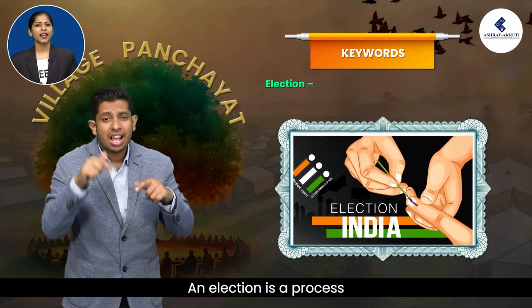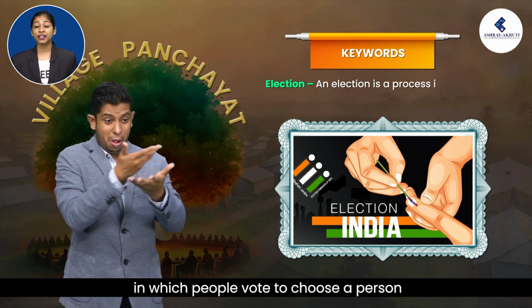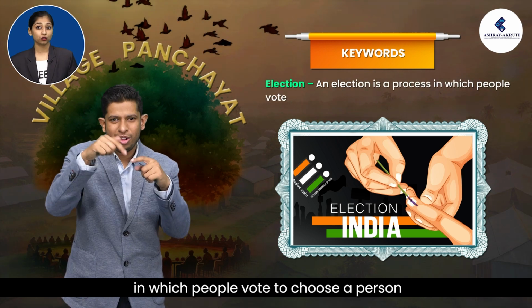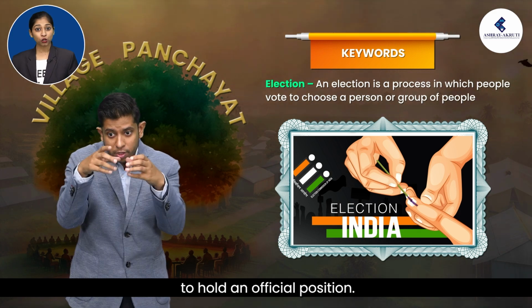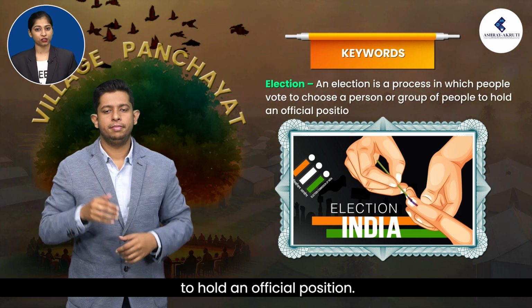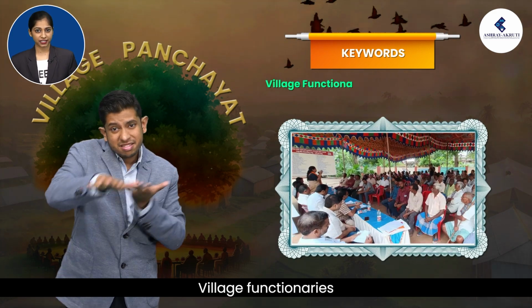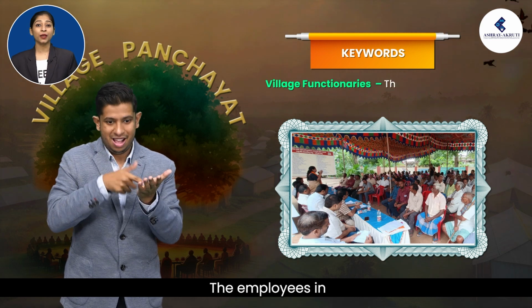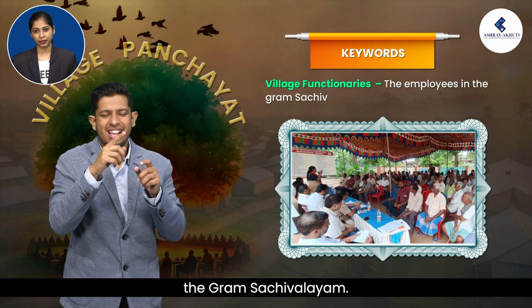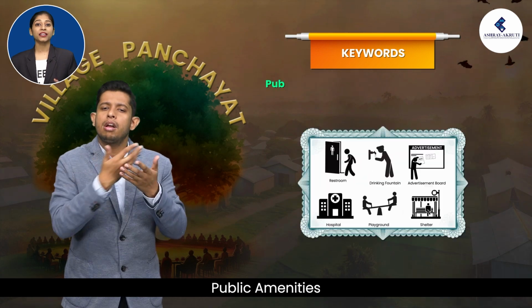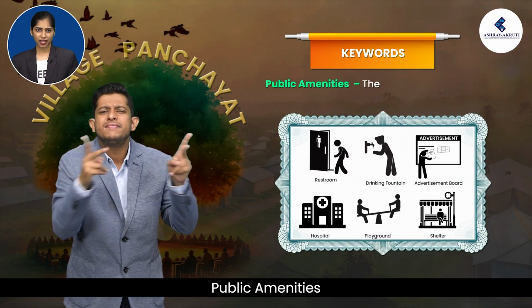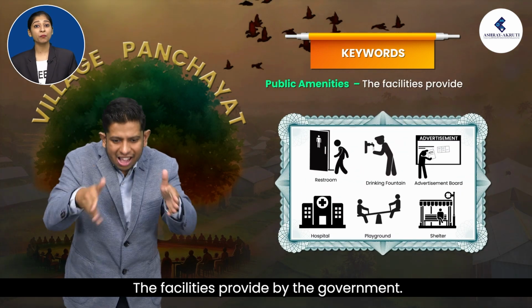Election: an election is a process in which people vote to choose a person or group of people to hold an official position. Village functionaries: the employees in the Gram Sachivalayam. Public amenities: the facilities provided by the government.